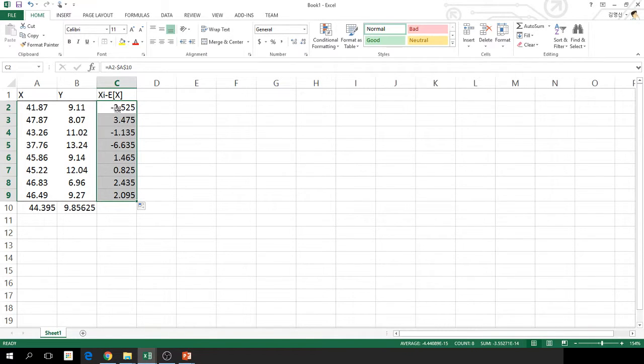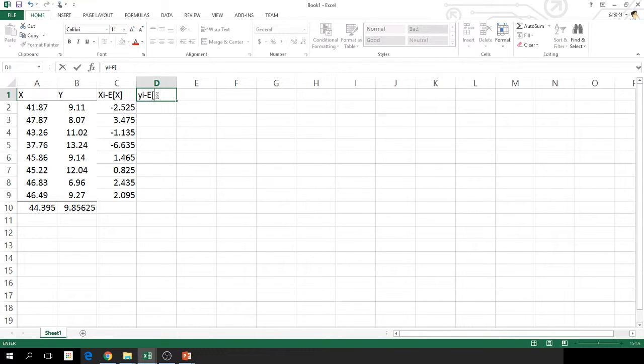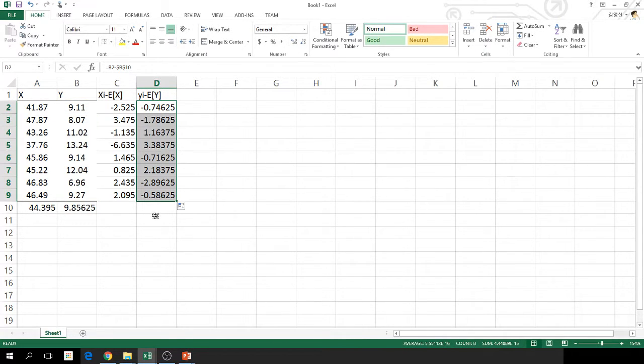Okay. So then we have this sequence, and yi minus the mean of y can also be obtained by this value minus this value, which is the mean. We repeat it, then we obtain the differences.